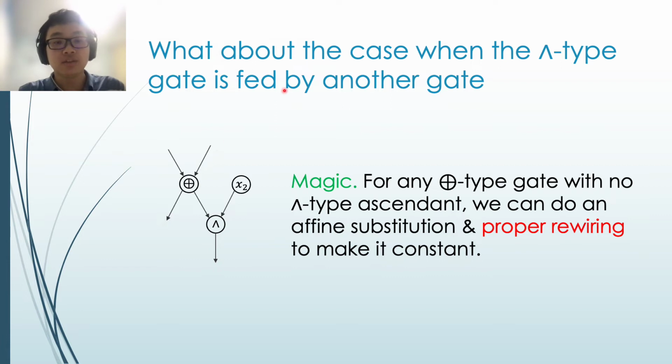Note that the XOR type gates cannot have n-type ascendants. This is quite intuitive, since only then the gate computes some linear function on the input variables. And this is exactly why we consider the topologically minimal n-type gate. By the topologically minimality, any XOR type gates feeding them should not have n-type ascendants, since it is topologically minimal.